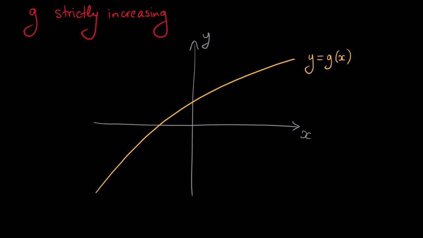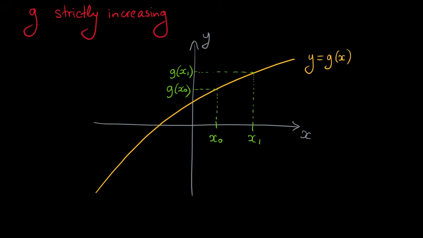For a strictly increasing function, if we were to pick two values of x, say we have x0 and x1 as such, where we picked x0 to be strictly less than x1, when these values are mapped into our function g of x, g of x0 and g of x1 will respect the same order that x0 and x1 respected.